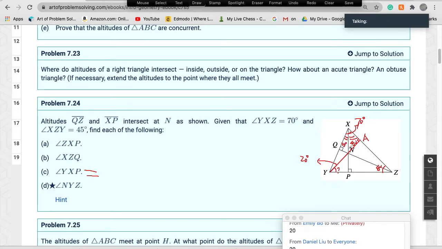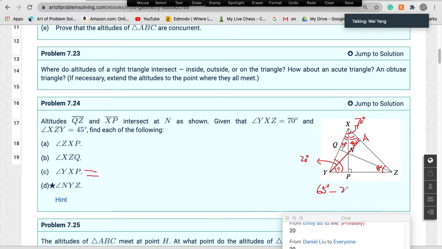Okay, 25 degrees. That means in triangle XYP, this angle will equal 65 degrees. 65 degrees minus this 20 degrees then gives you angle NYZ.